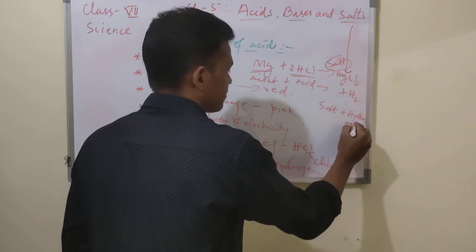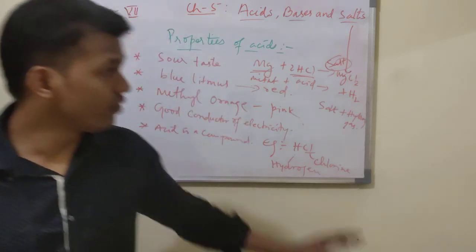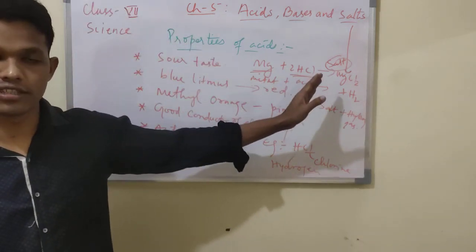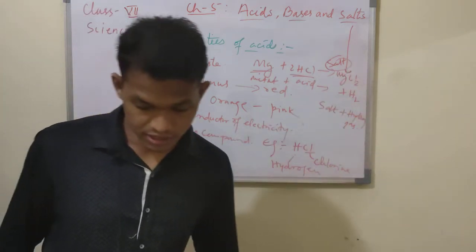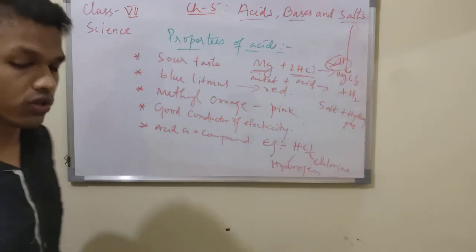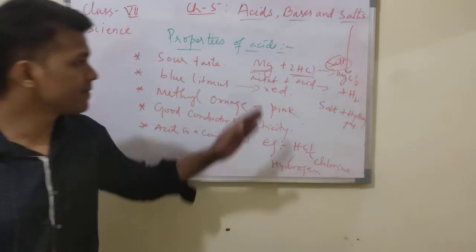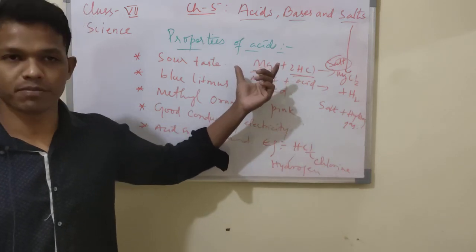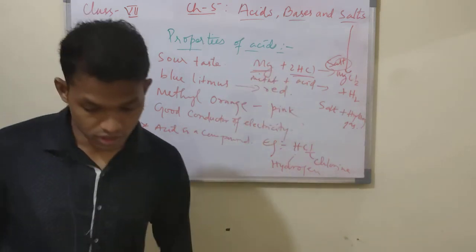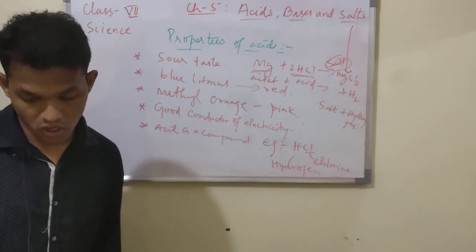And if we add zinc to sulfuric acid, it produces zinc sulfate, which is also a salt. But acids react with highly reactive metals; they will not react with certain less reactive metals like copper, gold, silver.